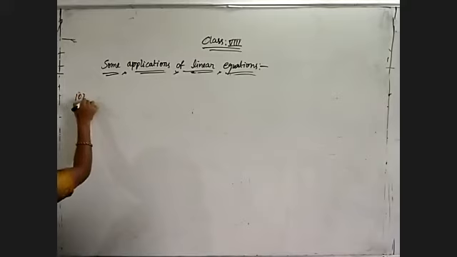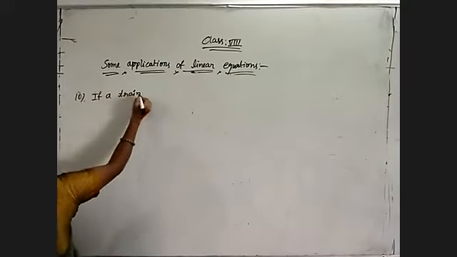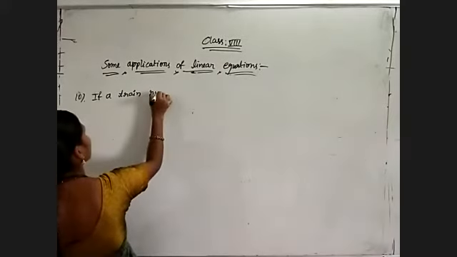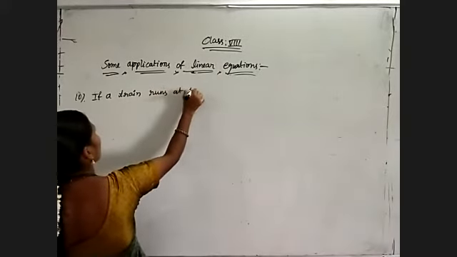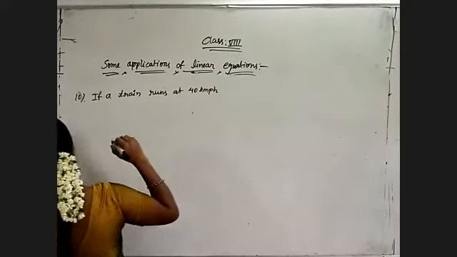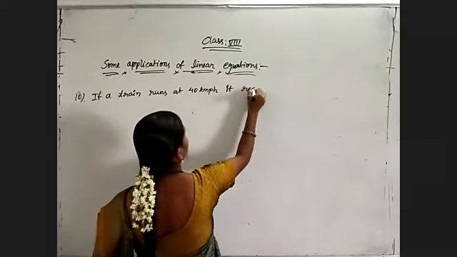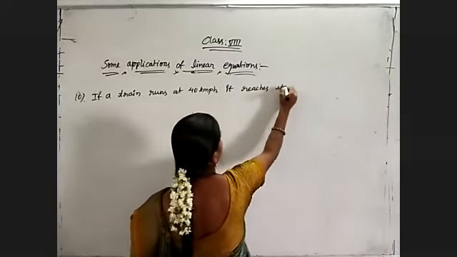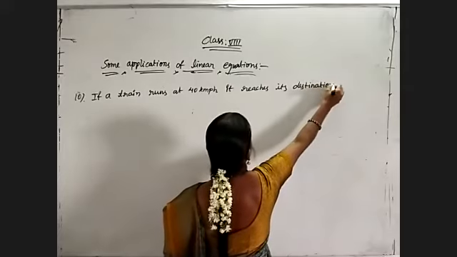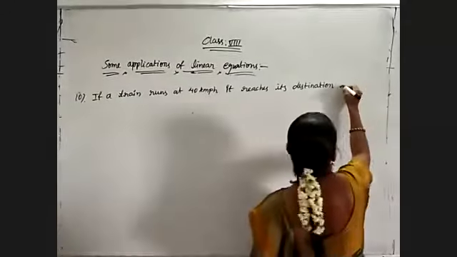If a train runs at 40 kilometers per hour speed, it reaches its destination late by 11 minutes.